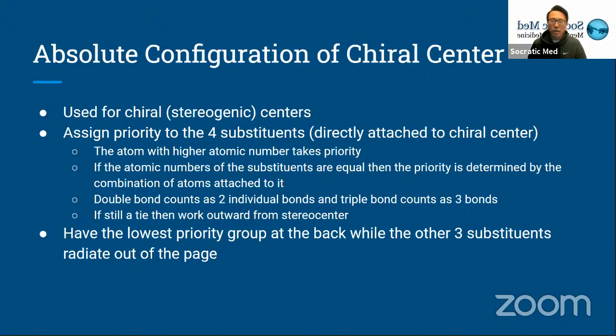And then the lowest priority group, you can draw as a dashed line to show that it's pointing into the page. Usually it's a hydrogen, since those usually have the lowest priority, so it's usually a hydrogen sticking into the page.